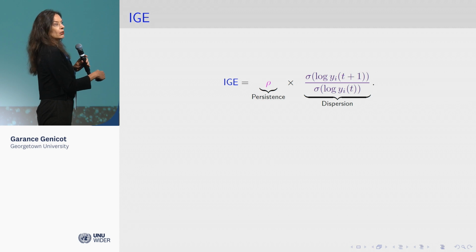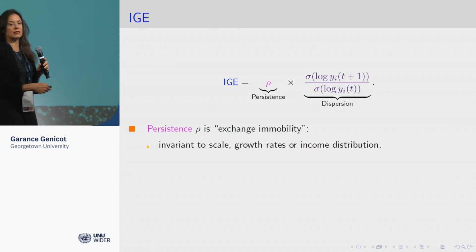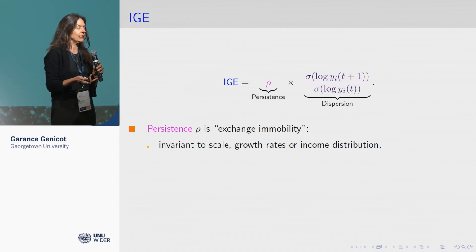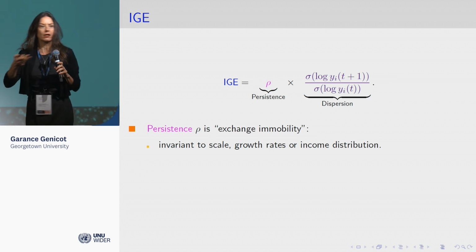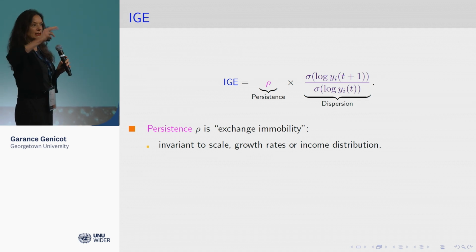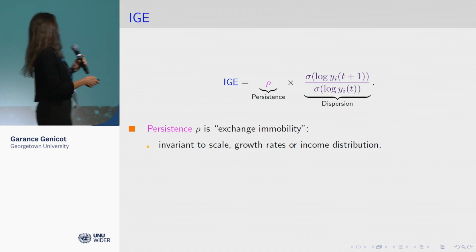the parental log income and the children's log income, multiplied by what I'm going to call the dispersion. So the correlation is more akin to the measure that Diogo presented to us, that is the rank-rank correlation. And this is capturing exchange mobility. So this is about switching position.